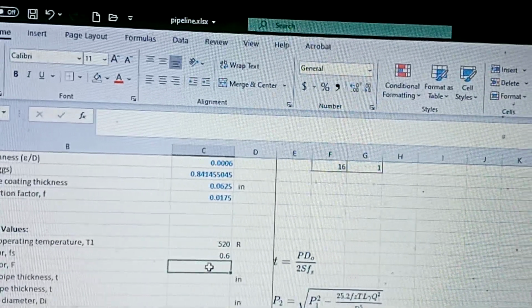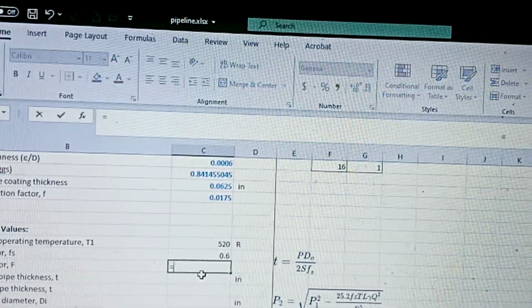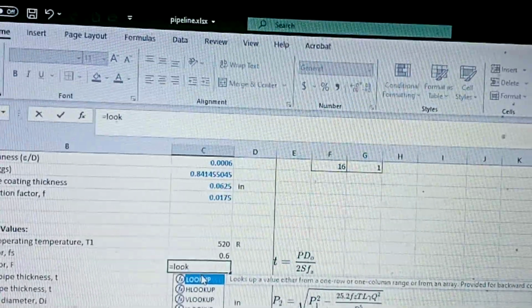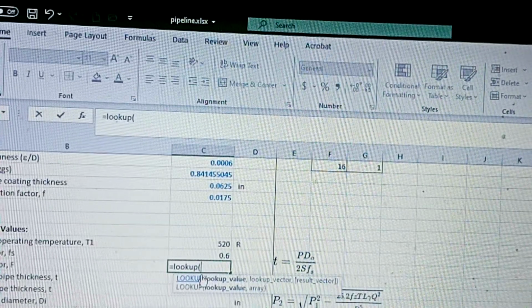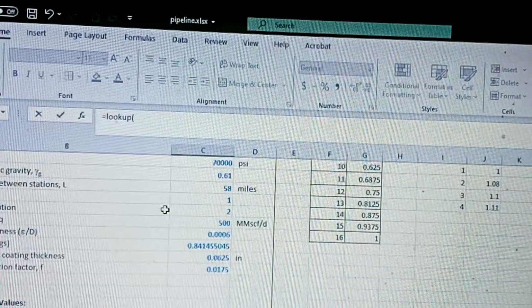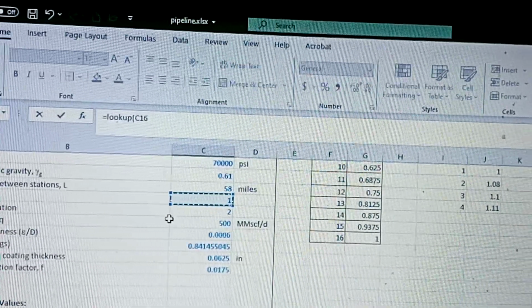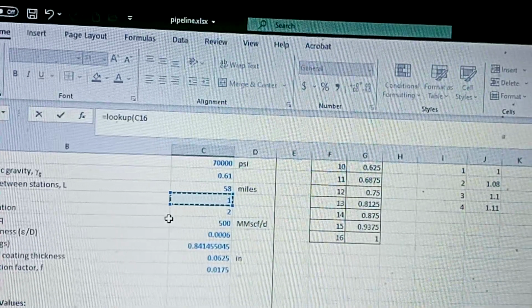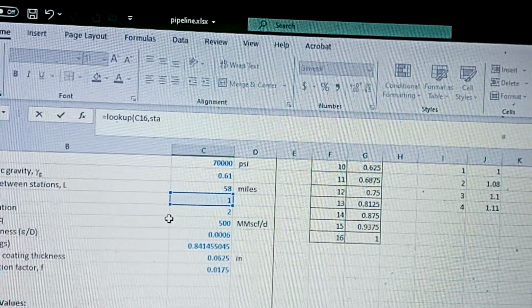It starts to be 1 because I'm using only one stage. Equals lookup. Where is it going to read the stage? Number of stages. It's going to read it here, C16. Then comma. It's going to look that inside stage.